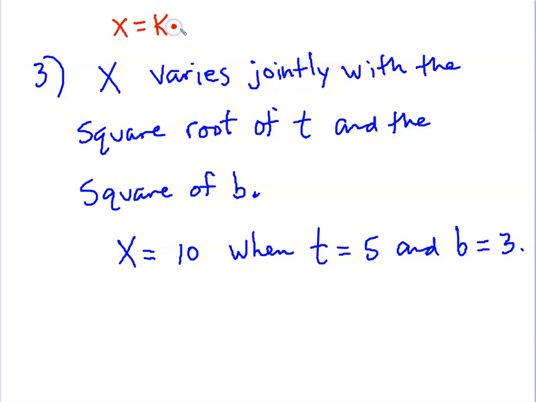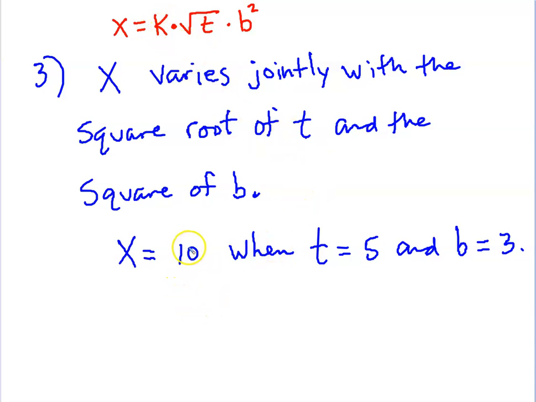So we're going to be multiplying k times the square root of t and the square of b. So varies jointly is all multiplication, and it could be many. In your case, it's just going to be 2 other quantities times k.